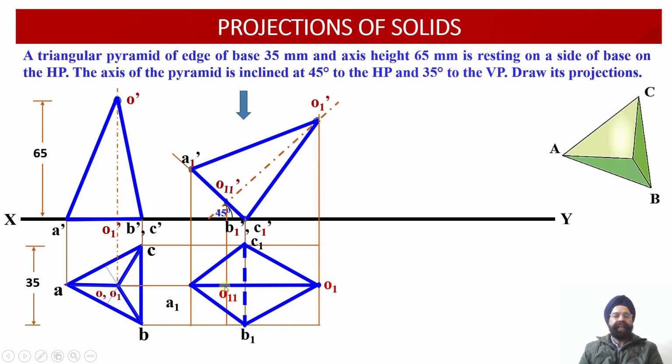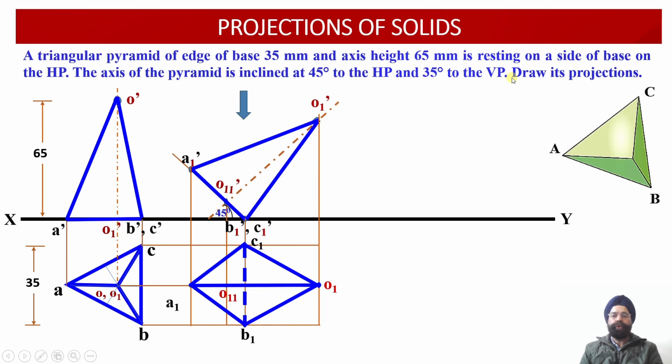But in the top view projection, what is available to us is the apparent length projection. Since the axis length O1 O11 in the top view is the apparent length, angle beta needs to be evaluated. So how do we evaluate angle beta when angle phi is given to us?